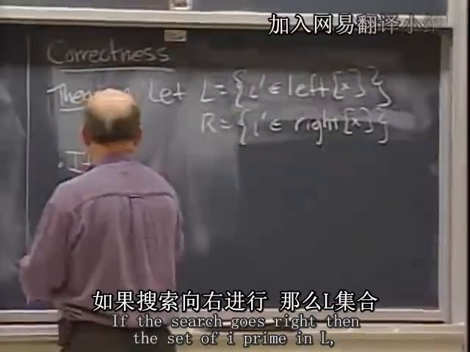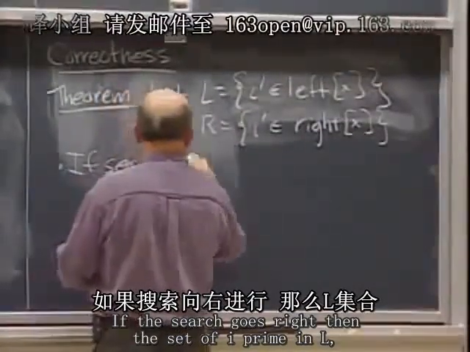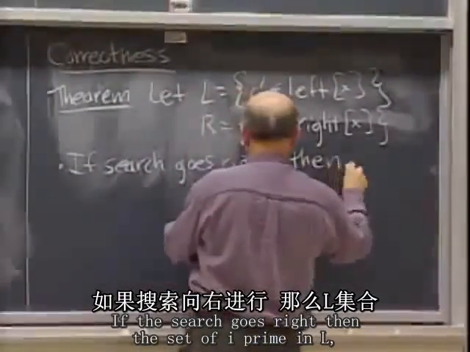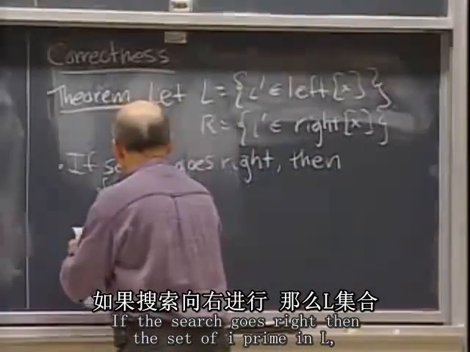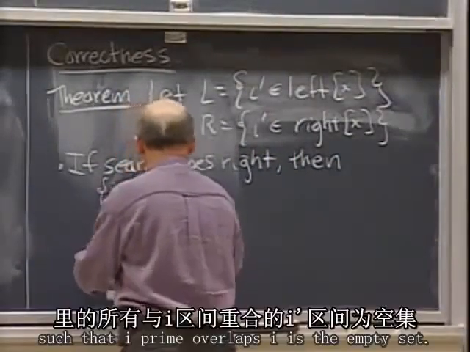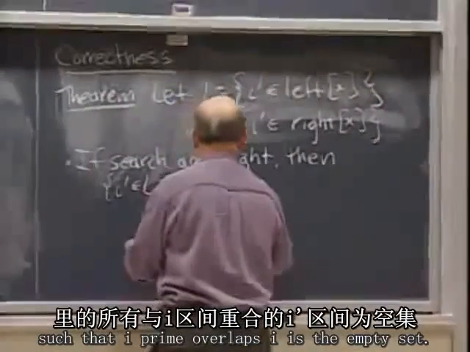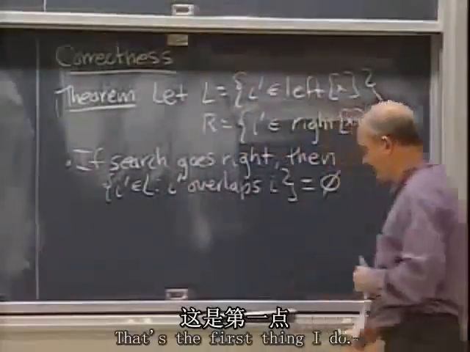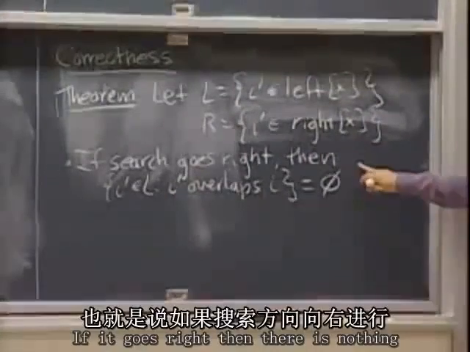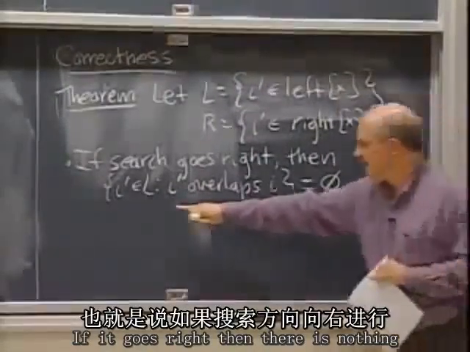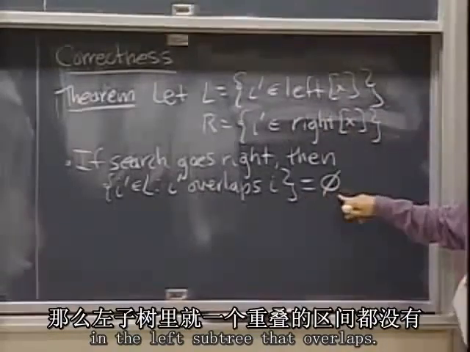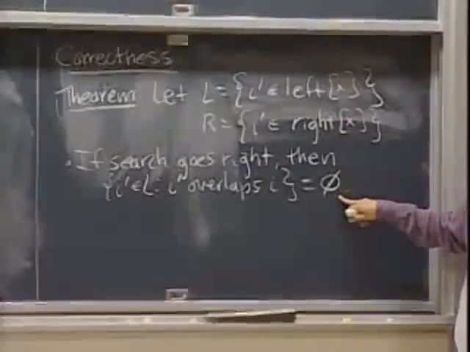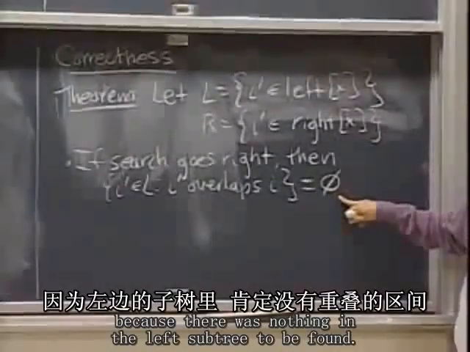If the search goes right, then the set of I prime in L such that I prime overlaps I is the empty set. That's the first thing I'm going to show. So if it goes right, then there's nothing in the left subtree that overlaps. So whenever the code goes right, no problem, because there was nothing in the left subtree to be found.